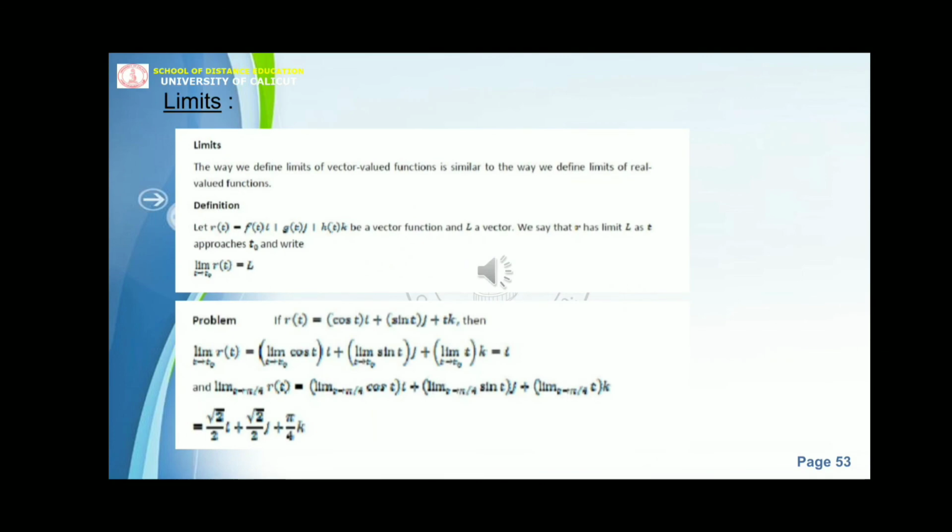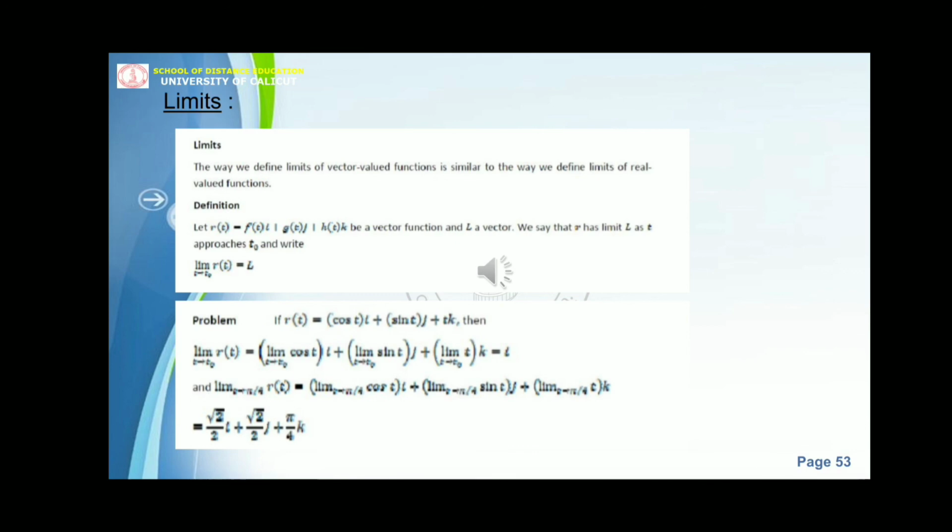Now that we have defined what a vector valued function is, let us introduce the concepts of limits, continuity, and differentiability in the context of vector valued functions. Let's start with the concept of limit. We define limits for vector valued functions similar to the way we define limits for real valued functions. Let r of t is equal to f of t i plus g of t j plus h of t k be a vector valued function and L be a vector.